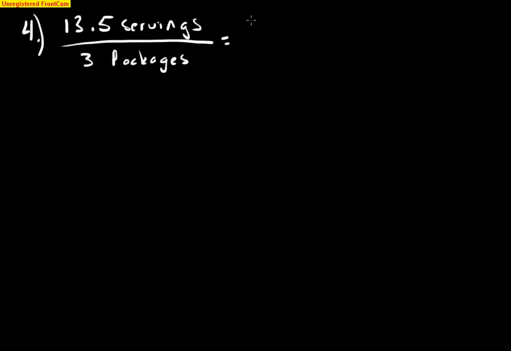So again, let's do it without the units. So say 13.5 over 3, and to get that bottom to be a 1, divide it by itself. So divide the top by 3 also. And again that becomes 1. 3 divided by 3 is 1, and then 13.5 divided by 3 gives you 4.5.